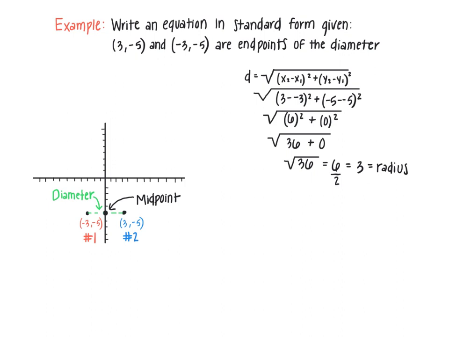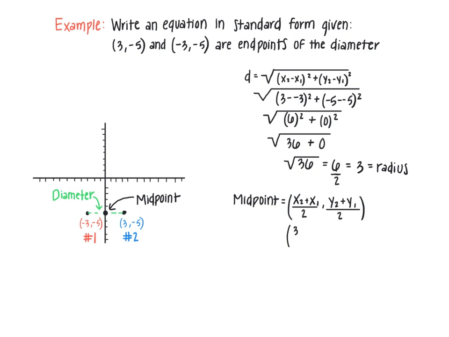And then mathematically, to find your midpoint, we have to use yet another formula, which is simply half the distance between your 2 x values and half the distance between your 2 y values. So I'm going to go ahead and plug that information in.